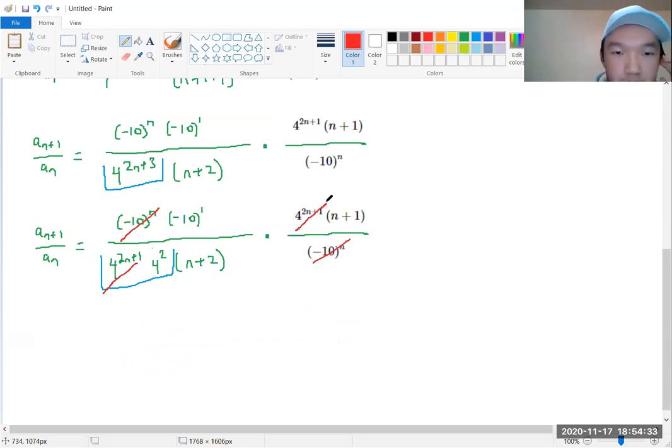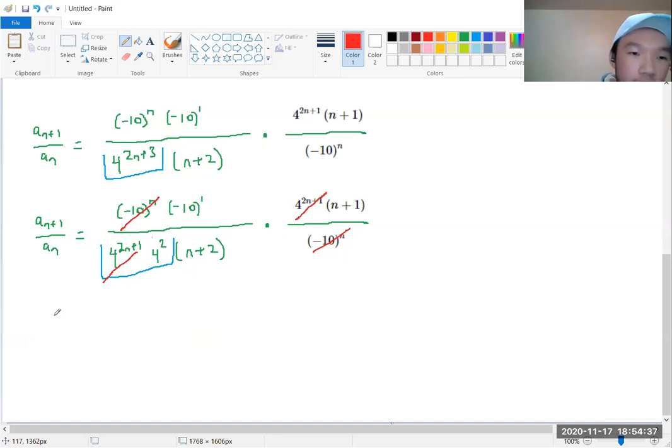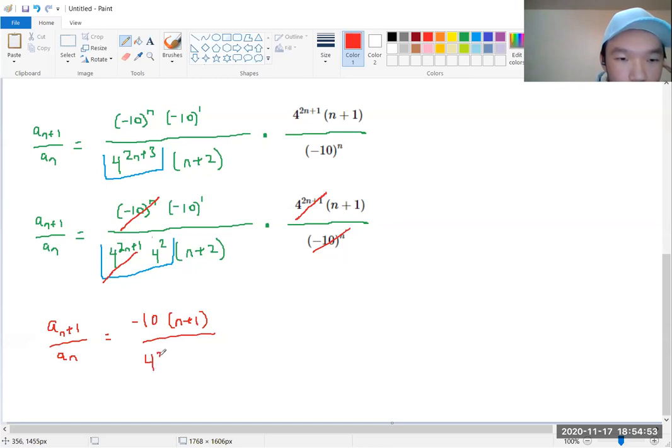Because I purposely wrote it like that. So let's see where we're at now. So we have a negative 10 on top, and then we have an n plus 1 there, and then we have a 4 squared, and then we have a n plus 2 there. Okay, so this is what we have now.